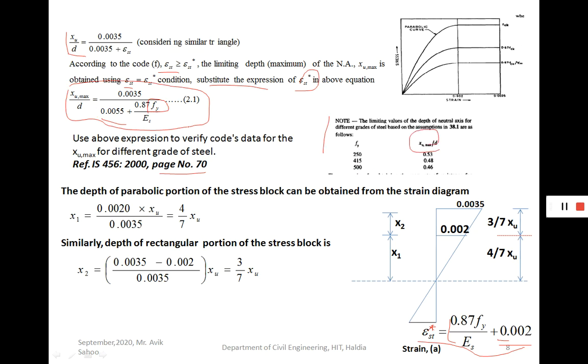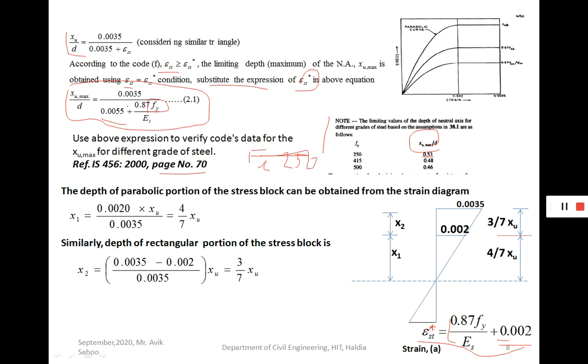Suppose for Fe 250, just put the value fy equal to 250 here, and we get 0.53.